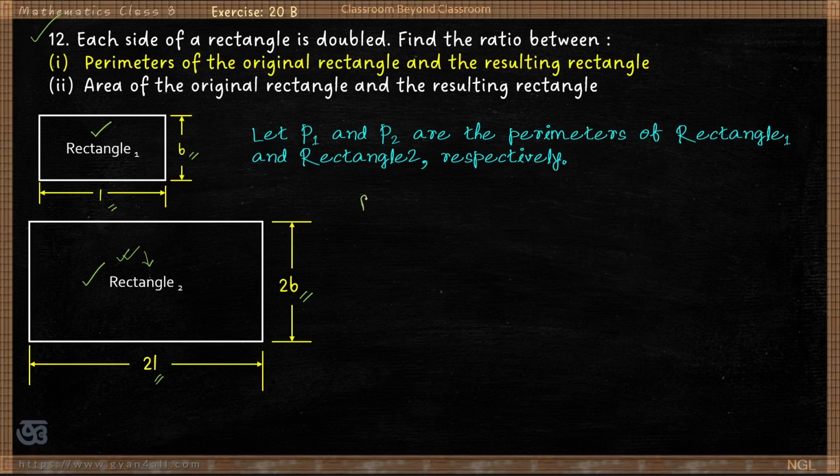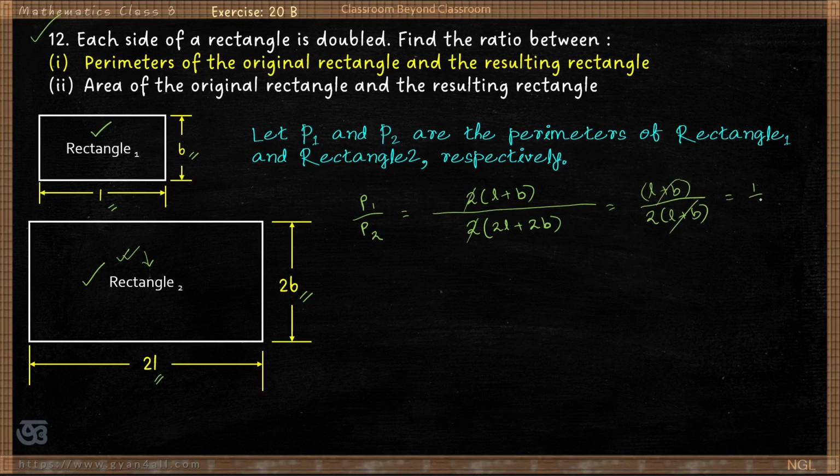Then P1 divided by P2, the perimeter of rectangle 1 divided by the perimeter of rectangle 2, is equal to: P1 is twice (L plus B), divided by, for rectangle 2, twice length, which is twice L, plus breadth, which is also twice B. So 2 is cancelled, and this is equal to (L plus B) divided by 2 common (L plus B), then L plus B cancels.